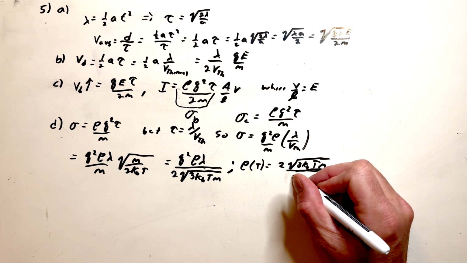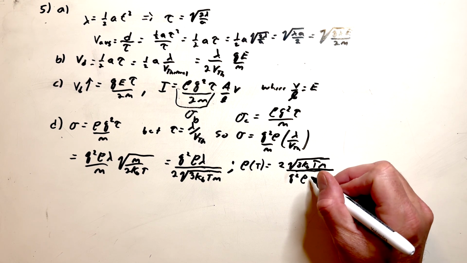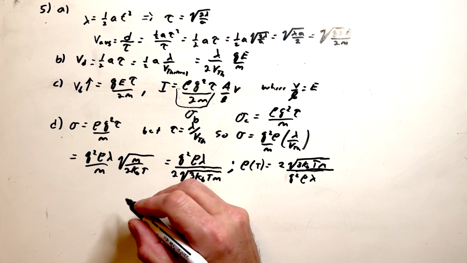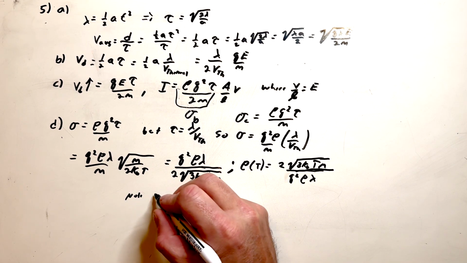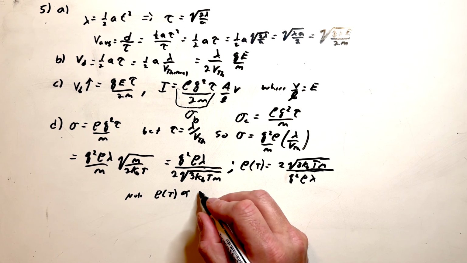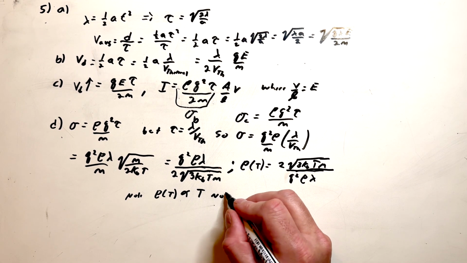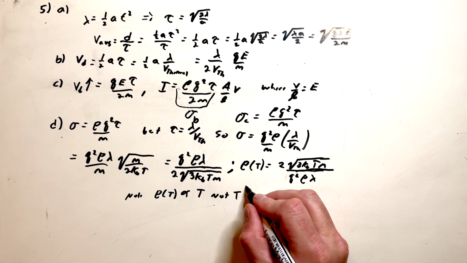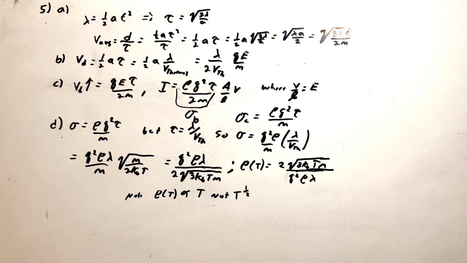And so note that rho of T is proportional to the temperature to the 1/2 power, not proportional to the temperature as in reality. So we got a result that indicated that there's a temperature dependence for the resistivity, but it does have the wrong power dependence.